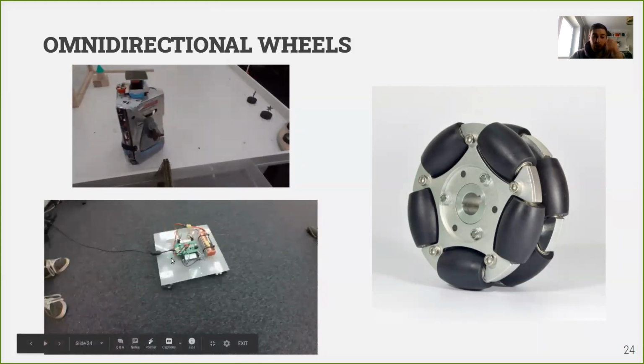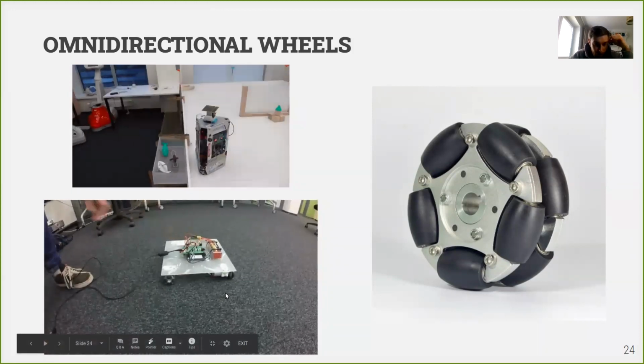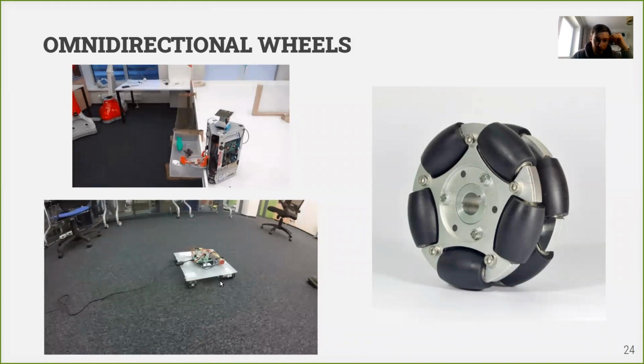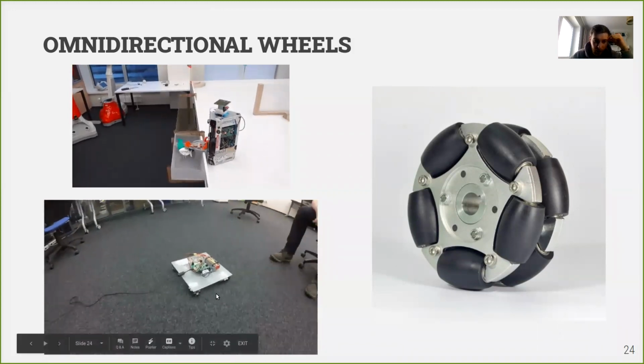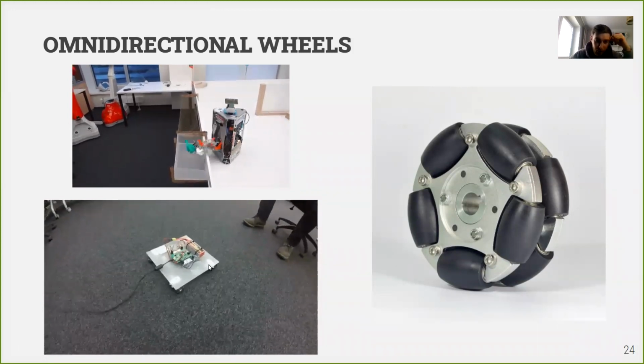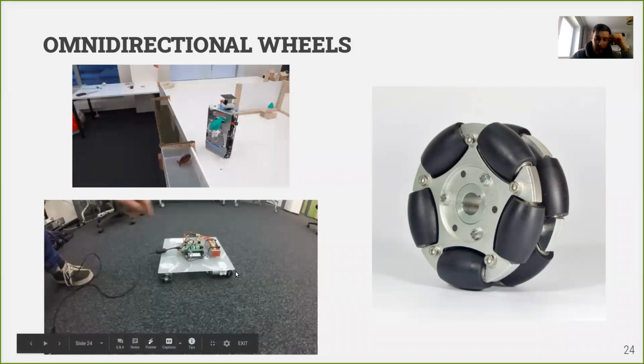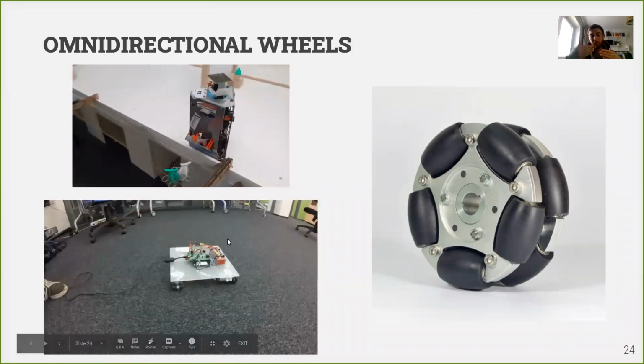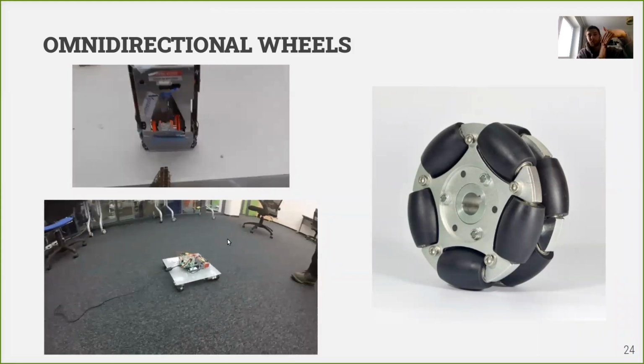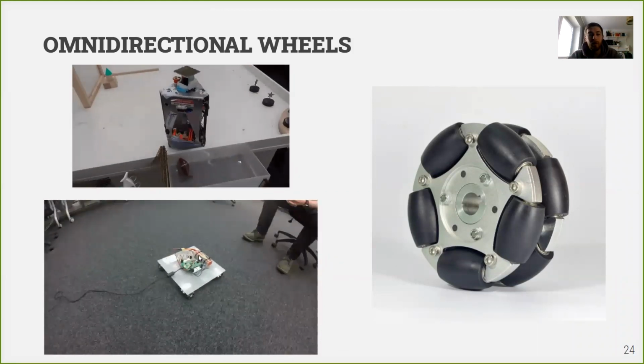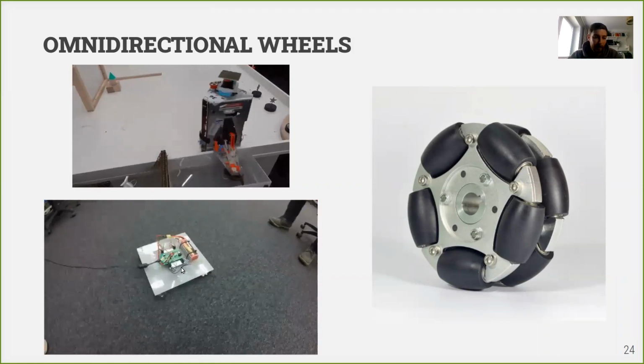And on the bottom of the slide, there is a quite complex arrangement of wheels where we have one wheel and the second one perpendicular to the first one and so on and so forth. So all wheels are perpendicular to the previous one, and it also allows the robot to move any direction.